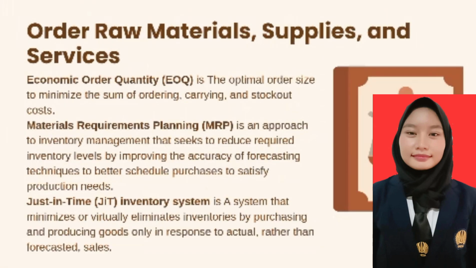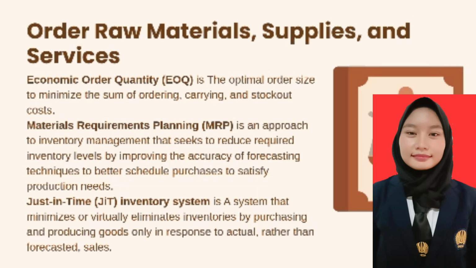And next is ordering raw materials, supplies, and services. Economic order quantity, or EOQ, is the optimal order size to minimize the sum of ordering, carrying, and stock out costs.